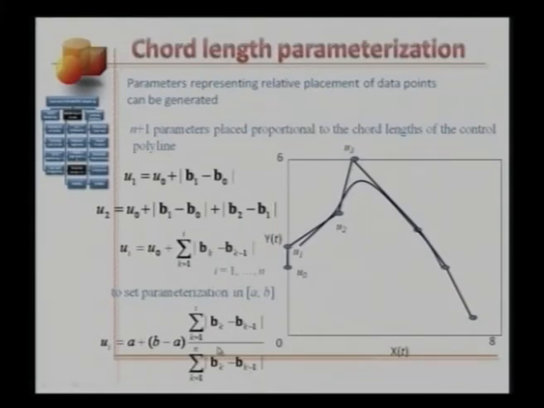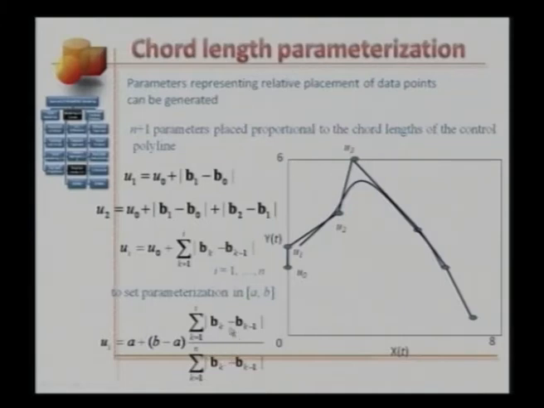So if you notice, this denominator here represents the sum of all the chord lengths. Now notice how the scaling works. Let's say for i equals 0, we are looking at the first parameter value here. For i equals 0, this is equal to 0, for which u of 0 will be equal to a. And for i equals n, the numerator and the denominator are identical.